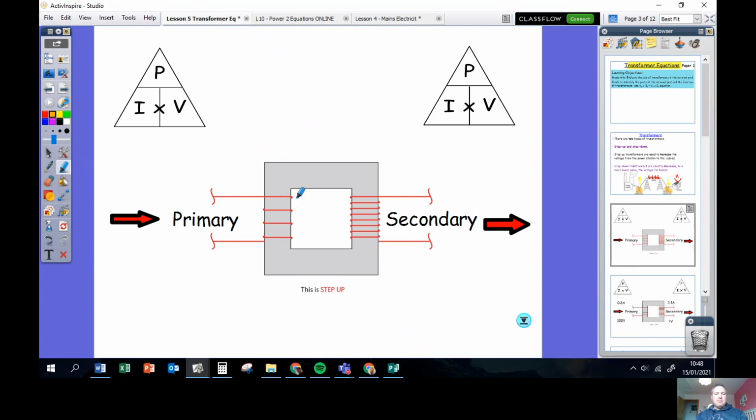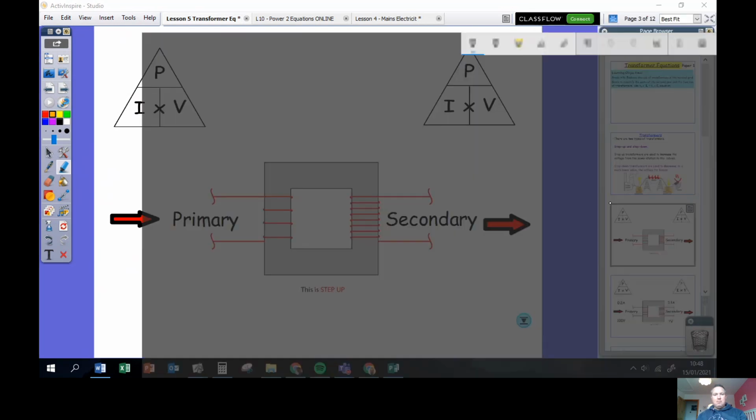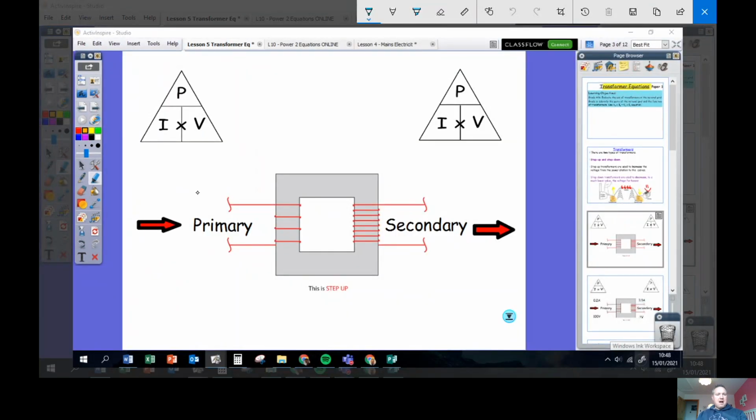But the important thing about the power going from the primary side to the secondary side is that the power stays the same on both sides. So if the power on this side is 1000 watts, then the power on this side will be 1000 watts. The power stays the same.